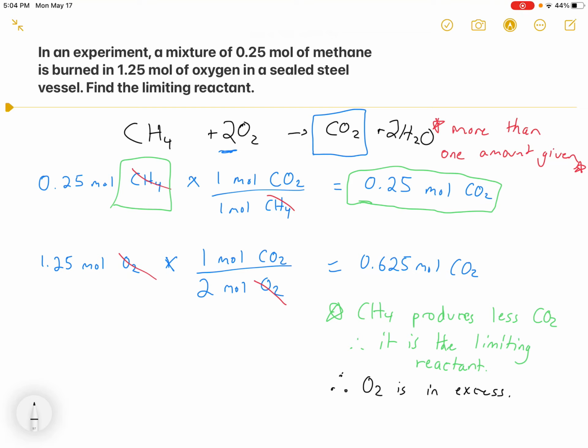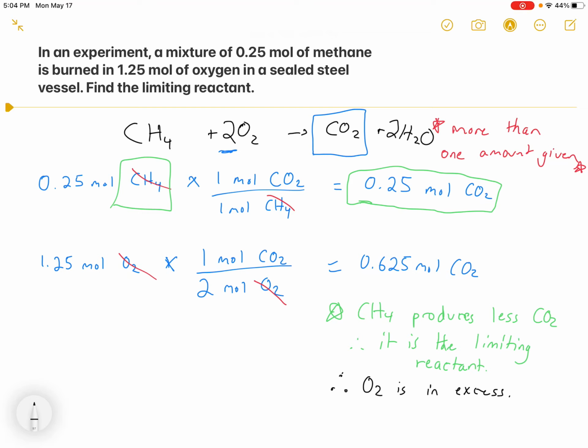So that's how you determine the limiting reactant. And I'm going to leave this example here for now because you might be asked in a question to determine how much product is actually formed. So to say, in the reaction, how many moles of CO2 are produced? How many moles of water are produced? What's the mass of water that's produced?